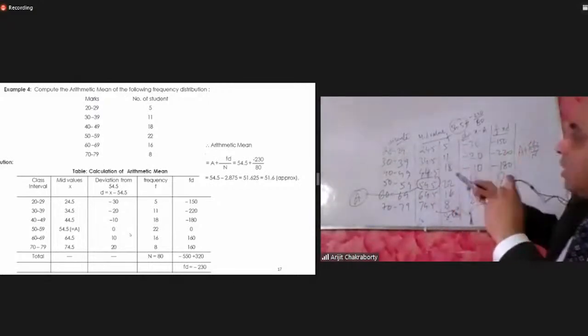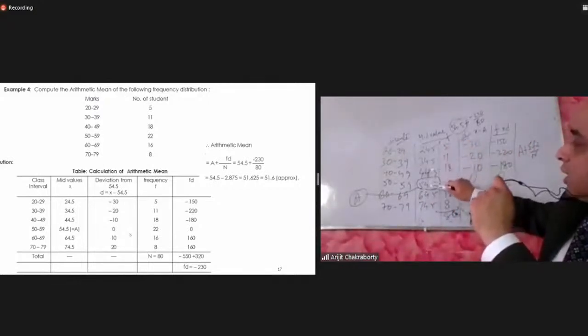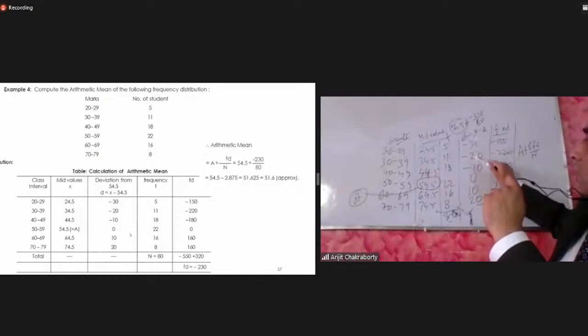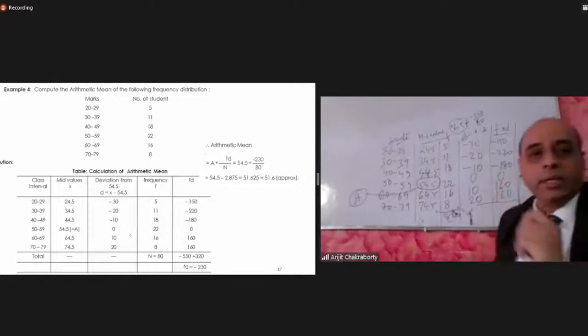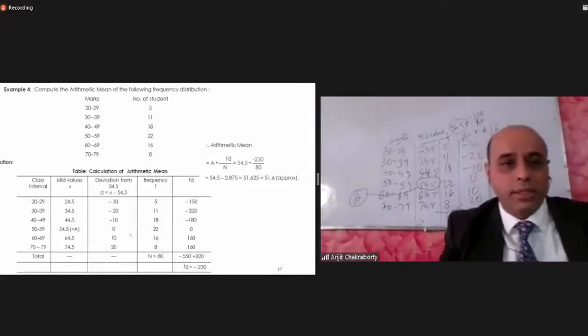Deviation will be what? Each of the variable minus 54.5, that is the assumed mean. 24.5 minus 54.5 comes to minus 30, minus 20, minus 10, and so on. Then once you multiply f into d, you get the complete sigma fd, and that comes to minus 230 in this case.